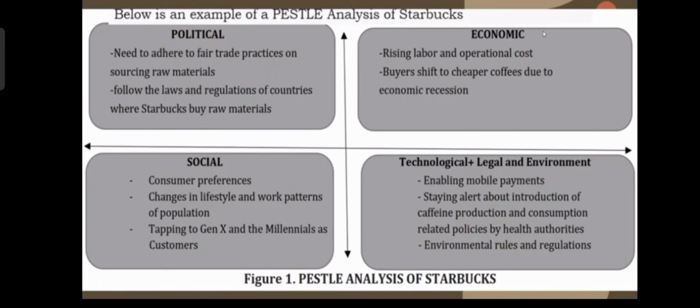So they are also enabling those payments for consumers to buy and automatically pay for their products without going to the store. They also stay alert about the introduction of caffeine production and consumption related policies by health authorities, and environmental rules and regulations. These analyses are very important in the company.